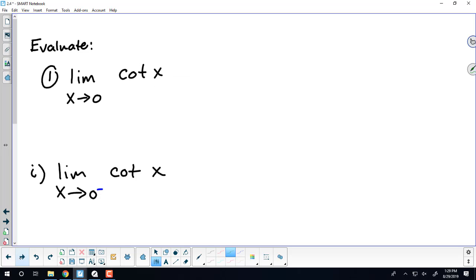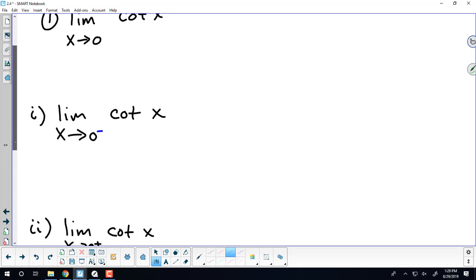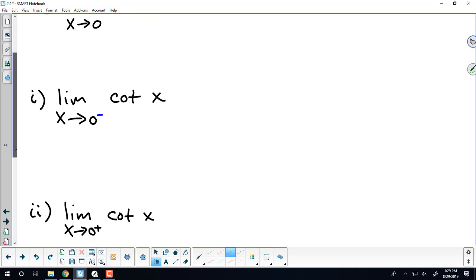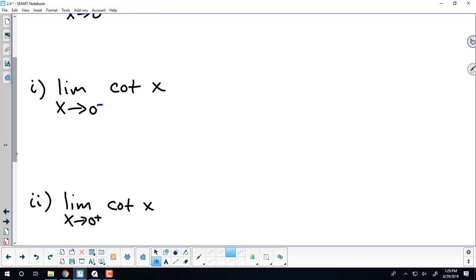Okay. And so the same idea applies to these trig functions as well. So let's say we totally blanked on what the graph of cotangent looks like, and we want to compute the limit as x approaches 0 of cotangent. So they say, all right, compute the limit as x approaches 0 from the left and from the right.